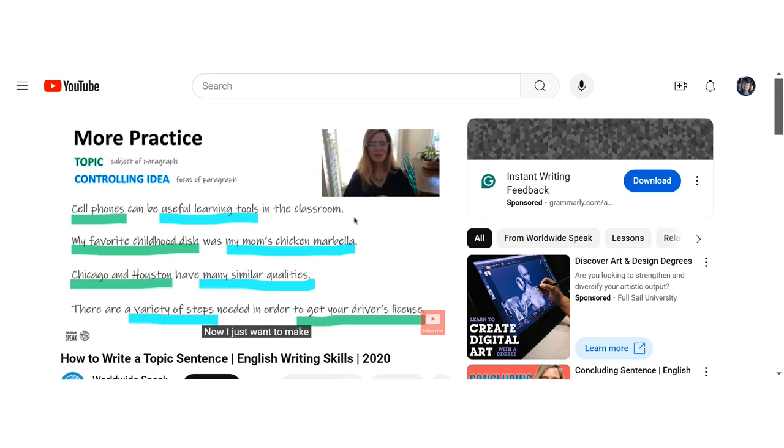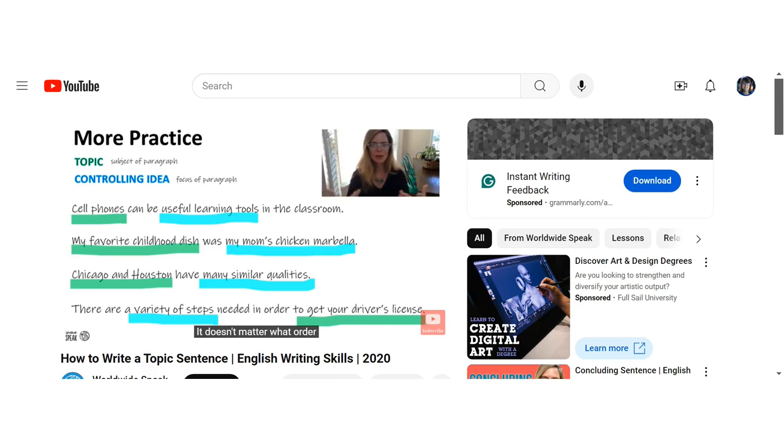Now, I just want to make a quick side note about the topic sentence. There are two pieces, the topic and the controlling idea. And you can see here in the first three, the order goes topic, controlling idea. But in the last example, the controlling idea comes before the topic.